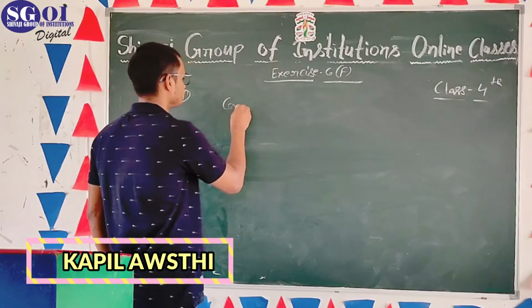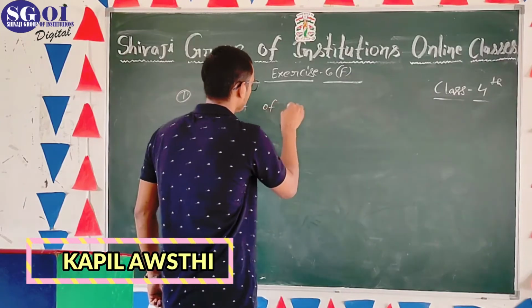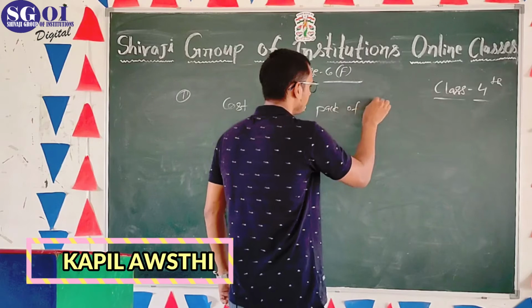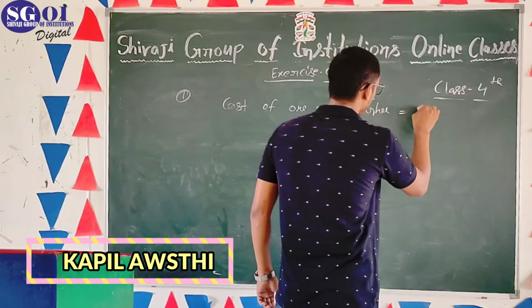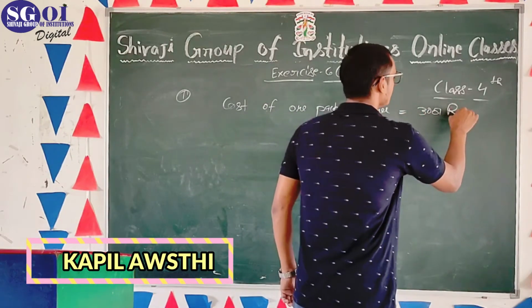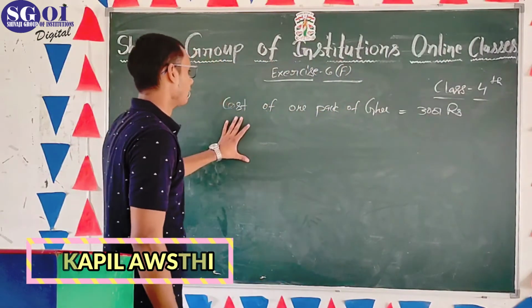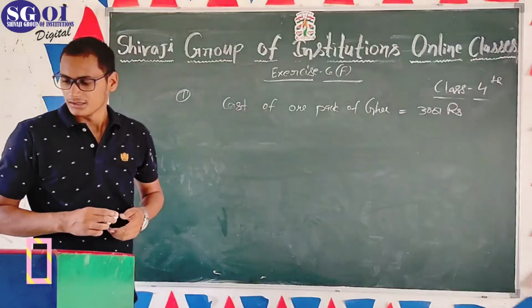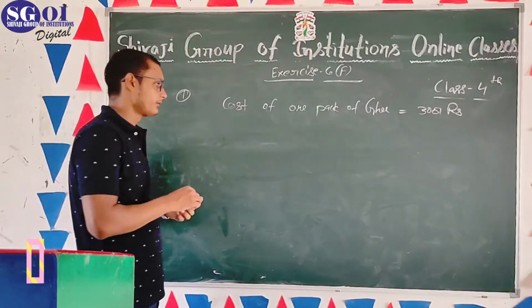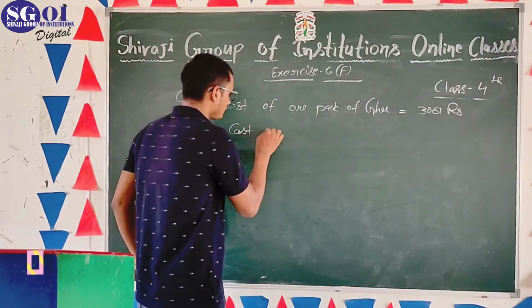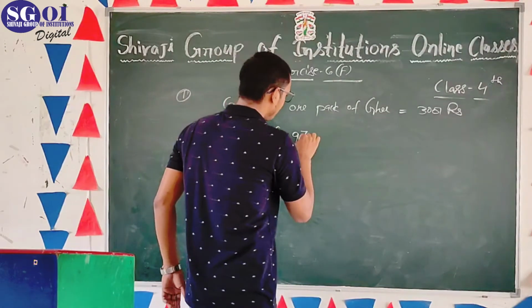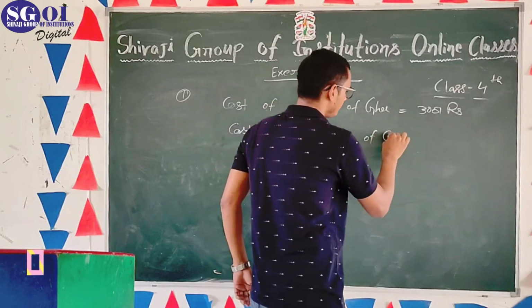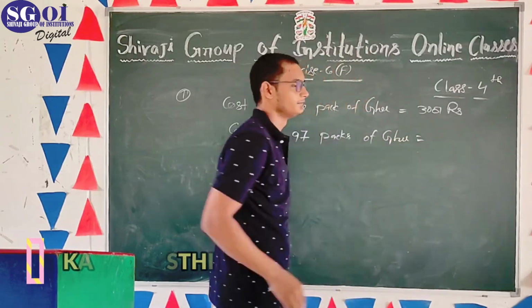Cost of one pack of ghee is equal to 308 rupees. Then we have to find the cost of 97 packs of ghee.